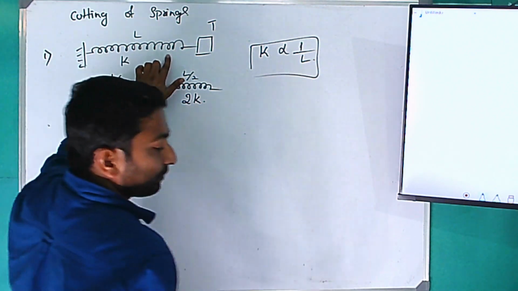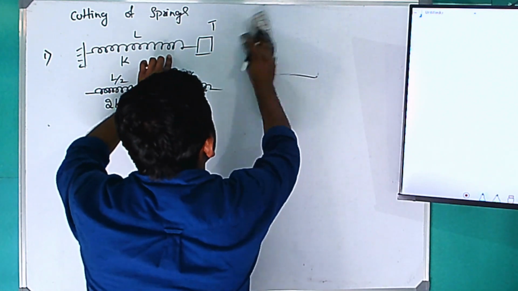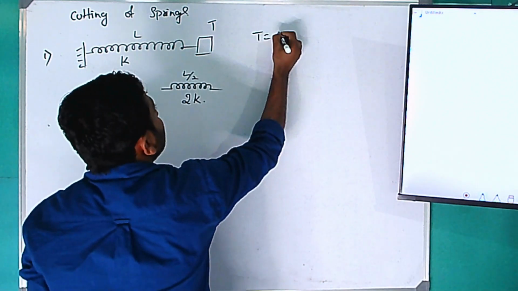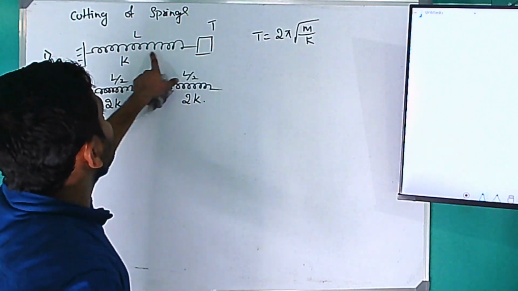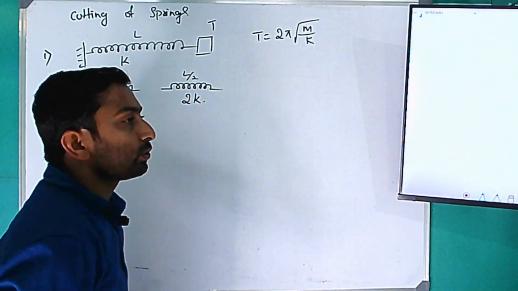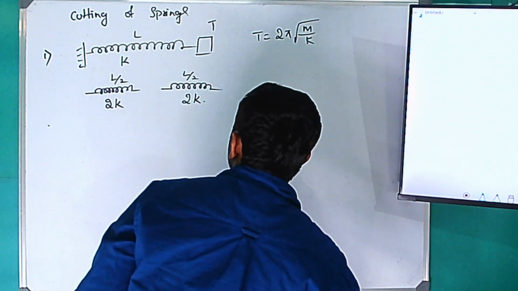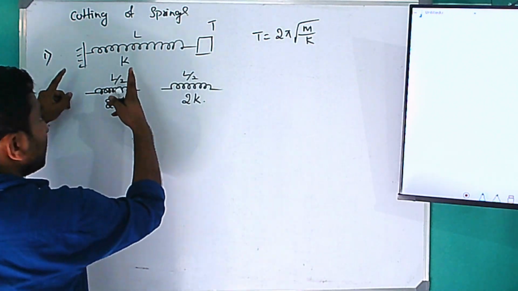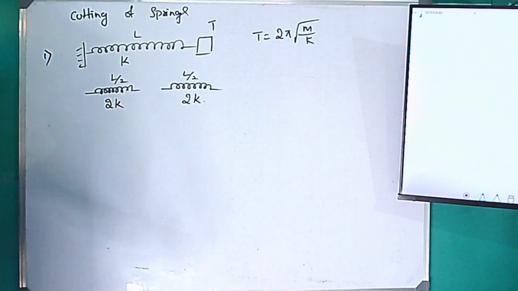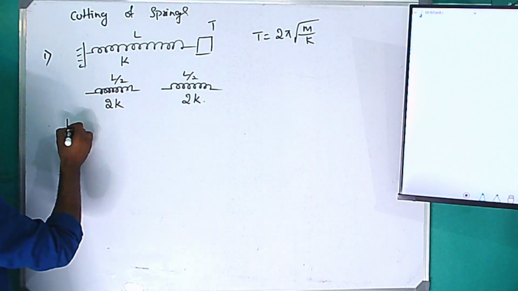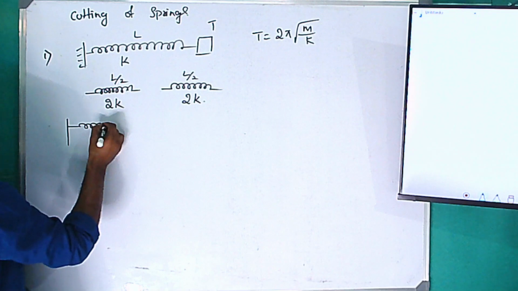The time period of this system is T. So T is equal to 2 pi square root of m divided by k. Now the same spring is cut into 2 parts, and those 2 parts are connected in parallel.